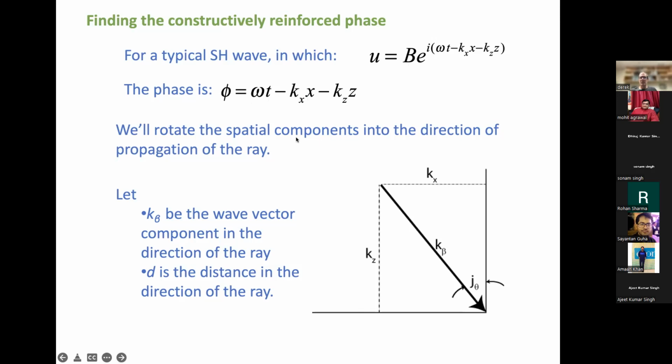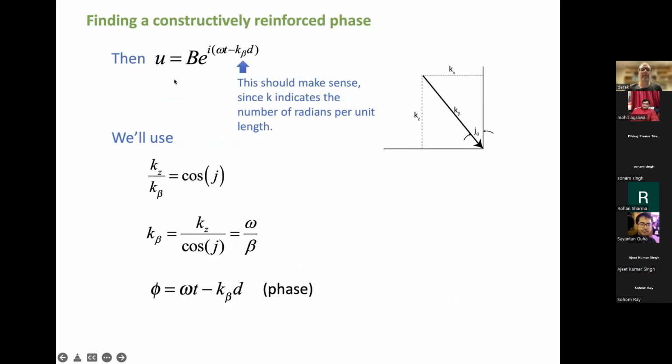Now we will rotate the spatial components into the direction of propagation of the ray. So we're going to convert k sub x and k sub z into k sub beta, where the ray has an angle of incidence of j. So we can rewrite our formula as U equals B times e to the i omega t minus k sub beta times d.